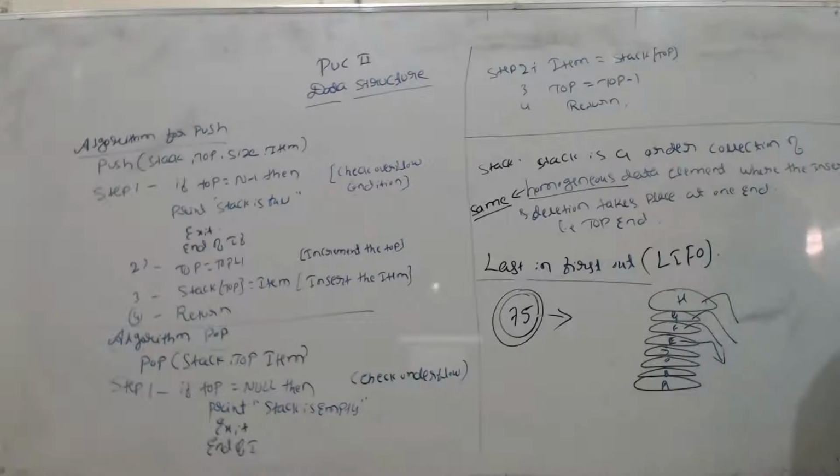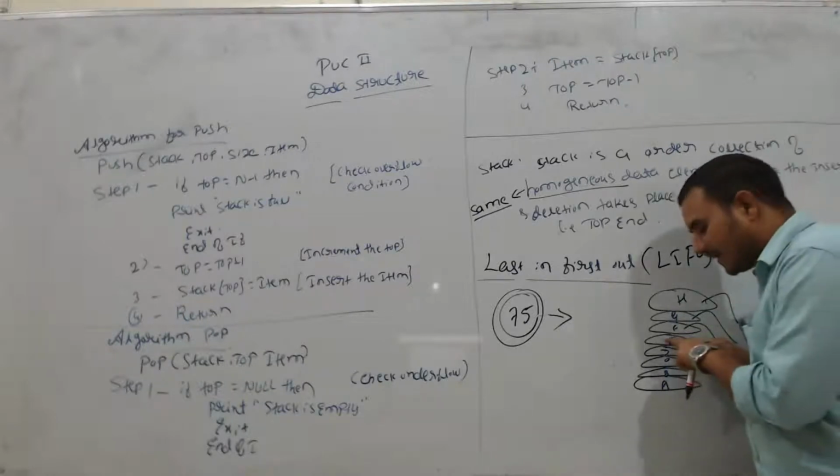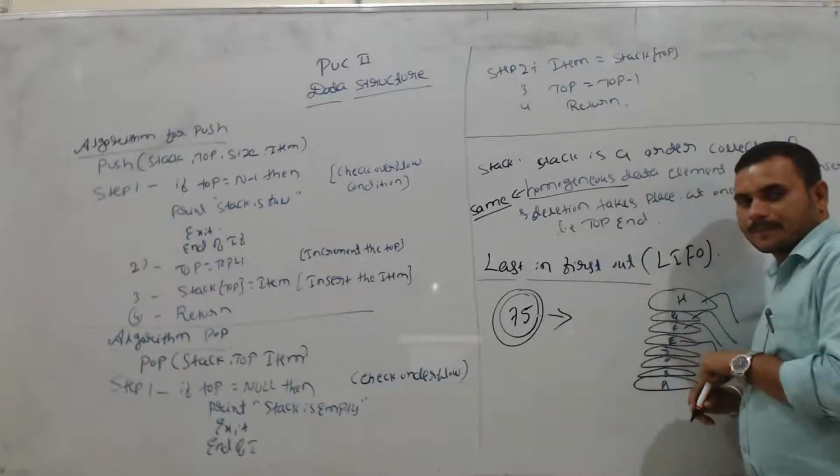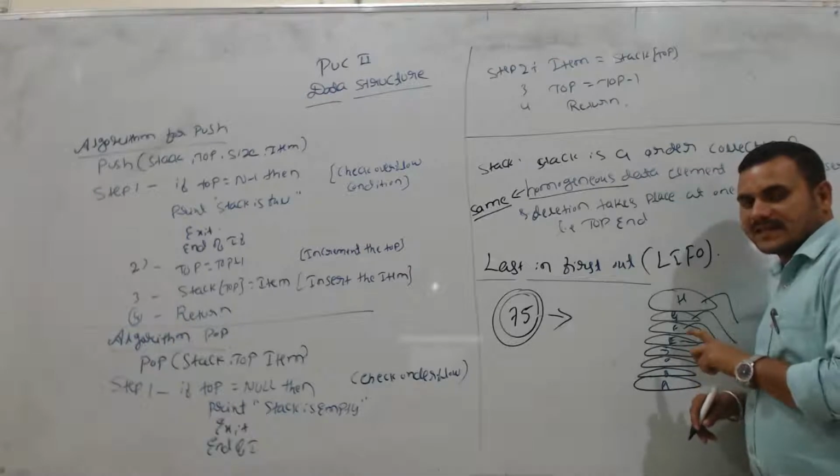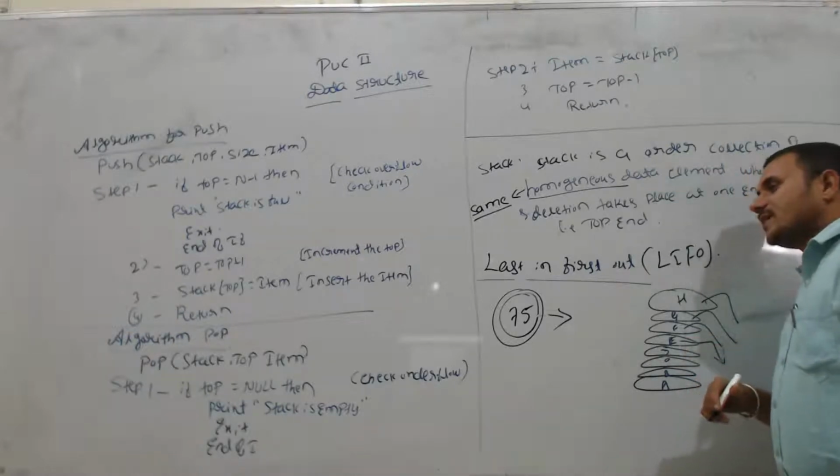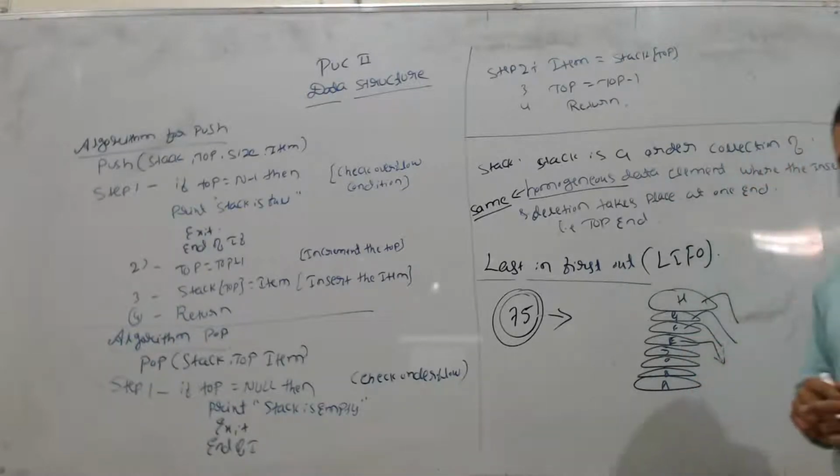Keep in mind: if you are not removing these three elements in your stack, it is not possible to delete the E element. Is it clear? So like this, insertion and deletion will be done.